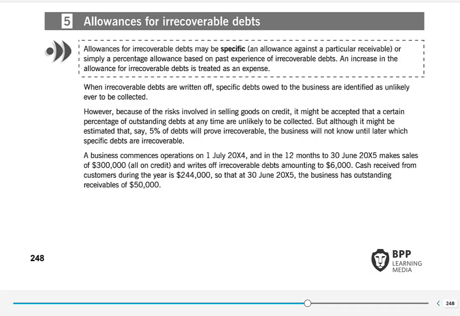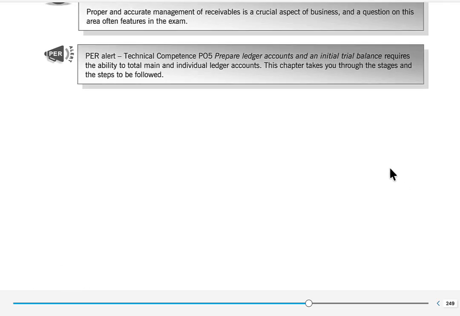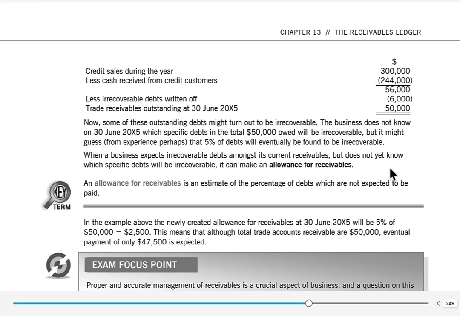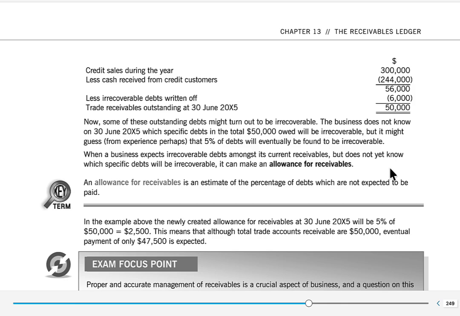So the business creates an allowance, for example, 5% of the closing receivables. The meaning is, we have receivables outstanding, but we expect that only about 95% will actually be collected in cash. So the net receivables figure becomes smaller and more realistic.